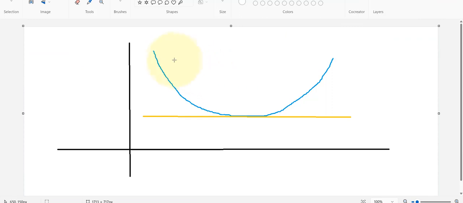So, we might have some kind of curve like this blue one, and we want to find the lowest point, or the minimum. And we learn in that first semester calculus that we can use the derivative, because the derivative tells us the slope, and usually the slope will be 0 at the minimum, also at the maximum.